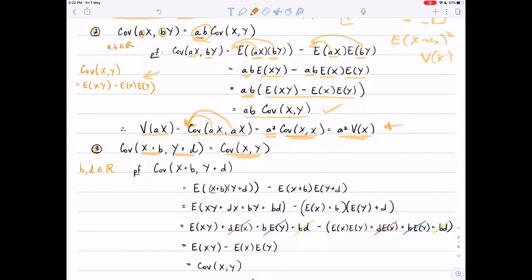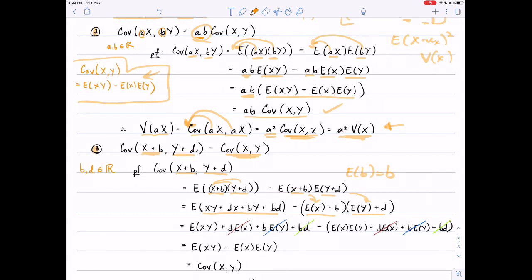And so what do we do? Well, you use the computational formula again, plugging in x plus b for the x value, y plus d for the y, in both cases, and then my friends, you just crunch it all through. So you FOIL through within the bracket and you get the expected value of all this. Inside here, you're using the linearity of the expected value and the fact that the expected value of a constant is a constant. So for the expected value of x plus b, you get expected value of x plus b, and the analogous result for y.